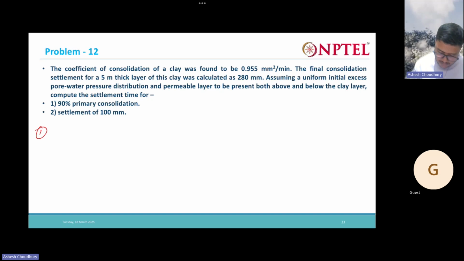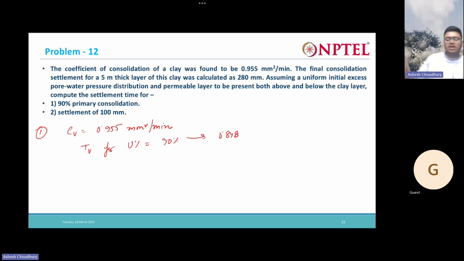Number one, let us see. The Cv, the coefficient of consolidation, is given as 0.955. Tv for U equal to 90% is 0.848.